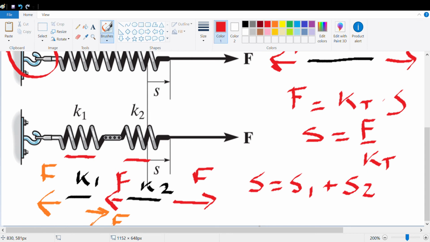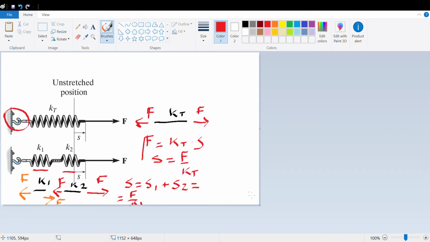Now, if I express these displacements as a function of the force and the constant, I have F/K1 plus, sorry guys, I'll draw it up here.